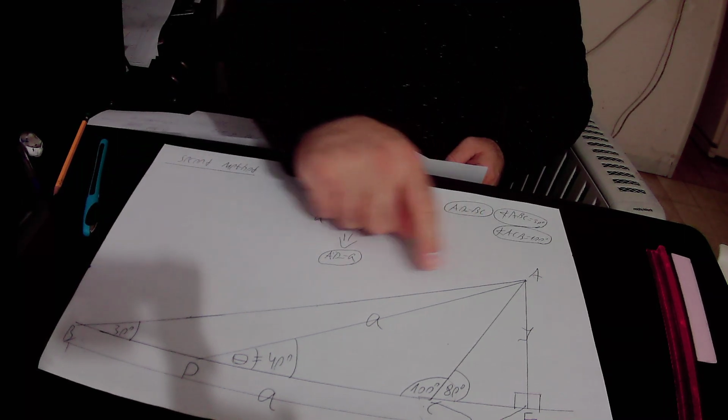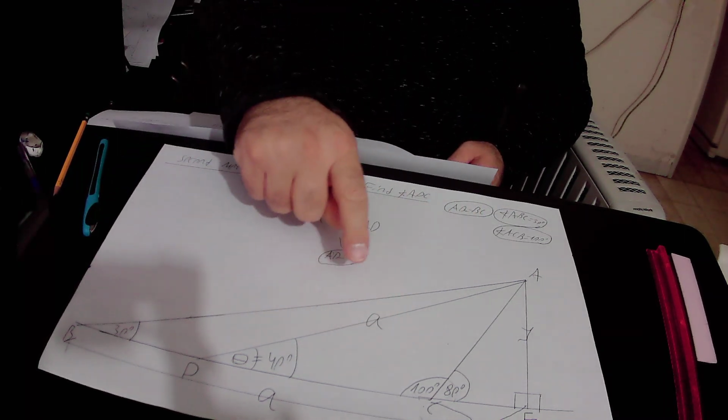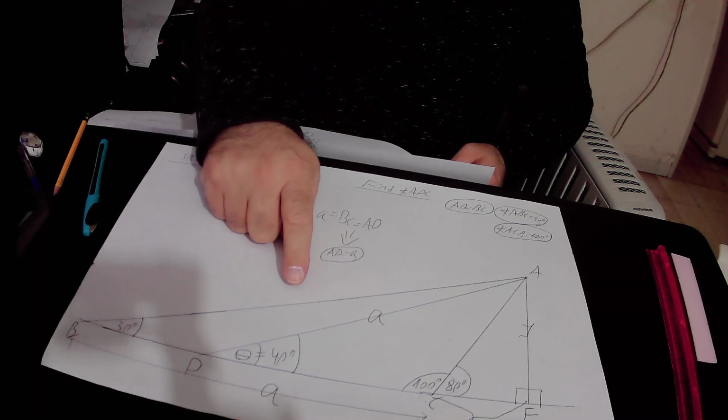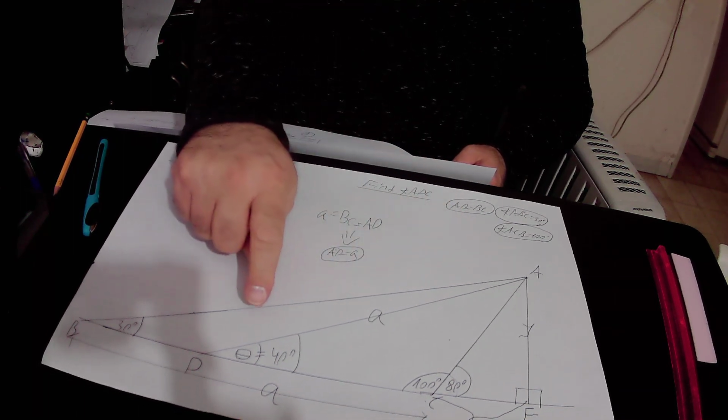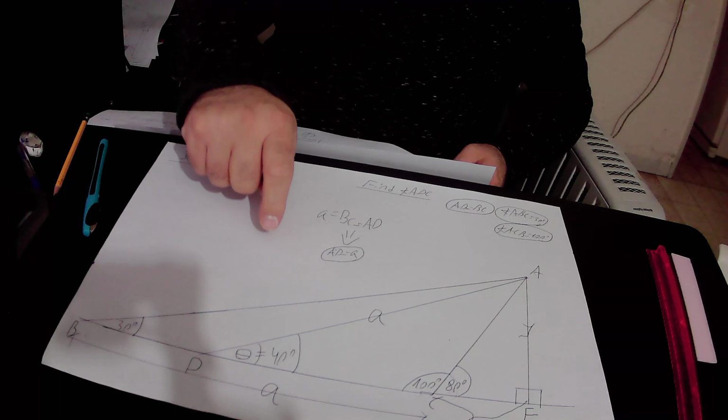Then we focused on the right triangle ADE. We defined the missing angle, the angle that we are looking for, angle ADE, as theta.